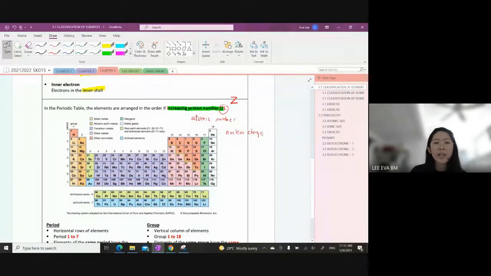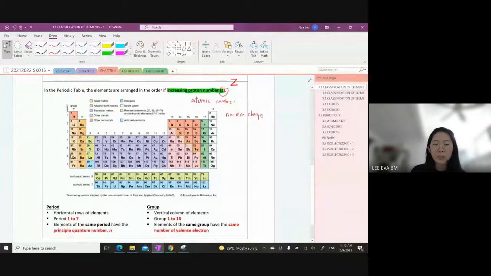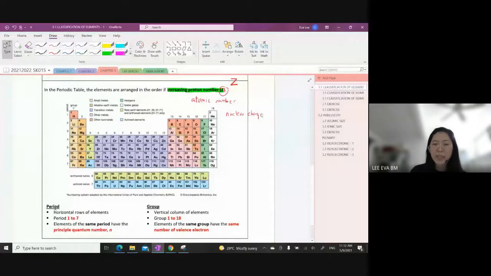Okay. And then over here, if you look at your periodic table, the period is your horizontal row. Period 1, period 2, period 3, and so on until period 7. This period, up until 7, will be indicated by the principal quantum number n.